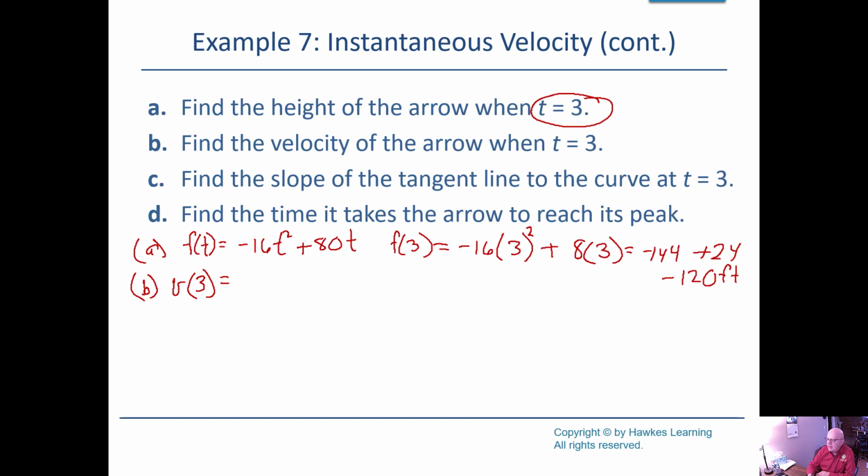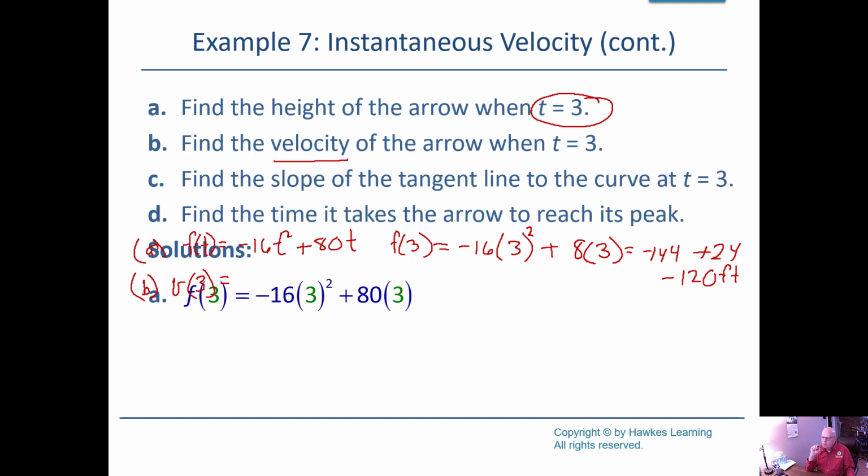What you should get, this is average, the velocity of the arrow will be, let's see, velocity of the arrow. Okay, let's move ahead here. Let's see how they do it.